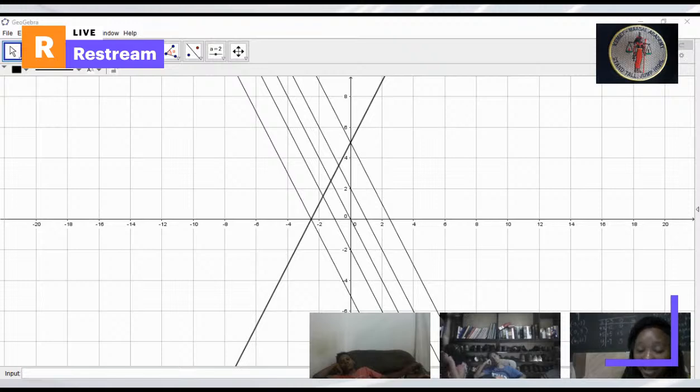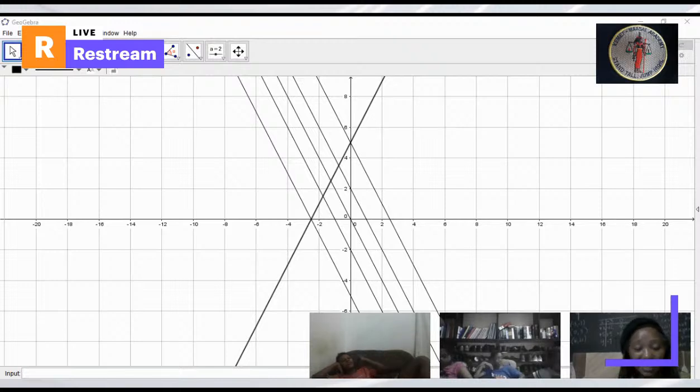If you don't see any number, it means it's 1. If you just see x, the gradient is 1. If you see negative x, the gradient is negative 1. Remember, we don't write the 1 or the negative 1 most times in algebra in front of the variable. So that's one thing you can tell by looking at the equation of a line: the gradient of the line.